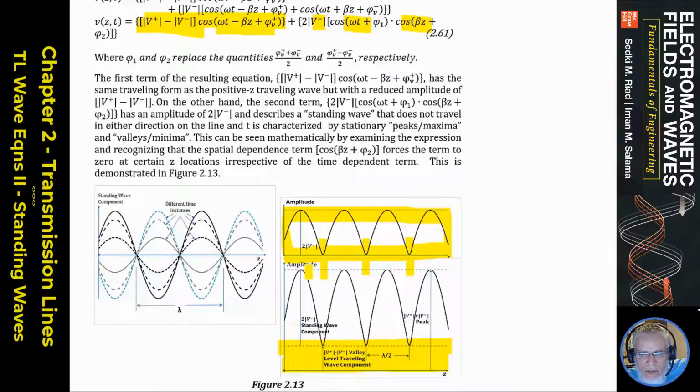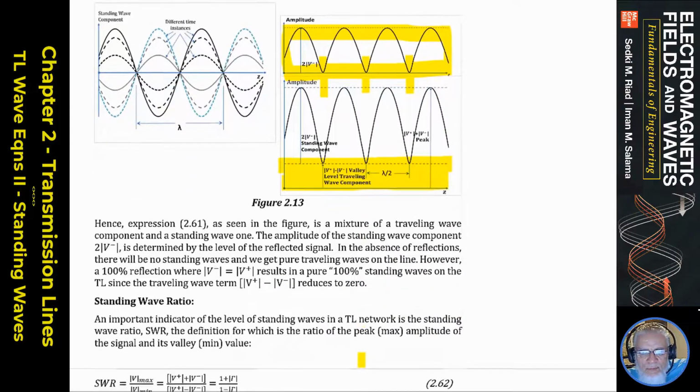So you have peaks and valleys, peaks and valleys, peaks and valleys. A traveling part and a stationary part. The stationary part is what we call a standing wave, and this here is a traveling wave, and the combination is basically a mixed wave that combines the standing wave and the traveling wave.